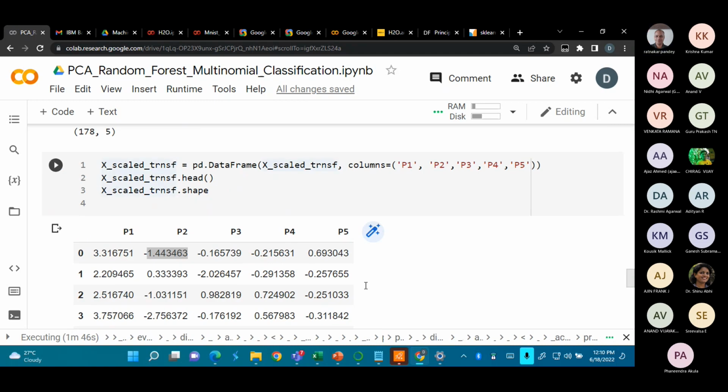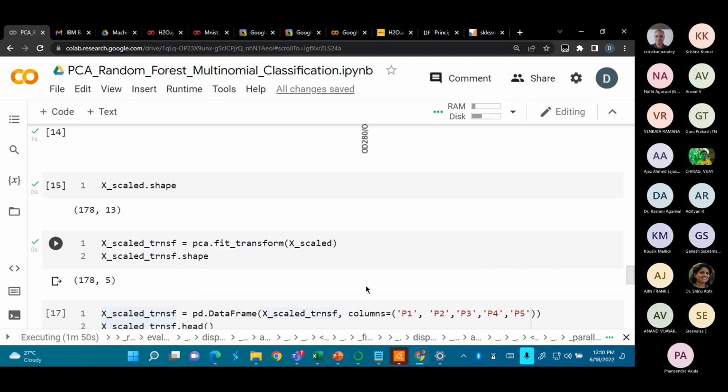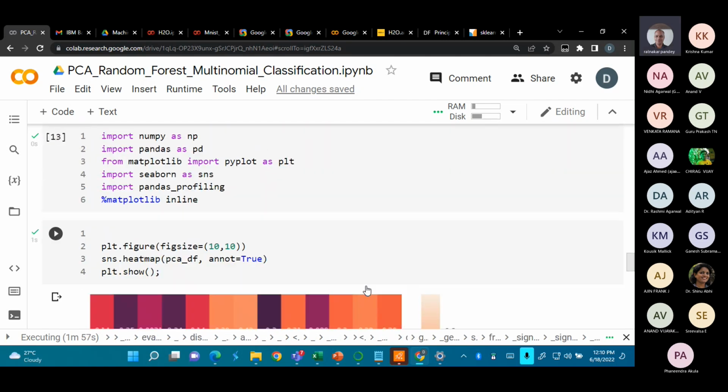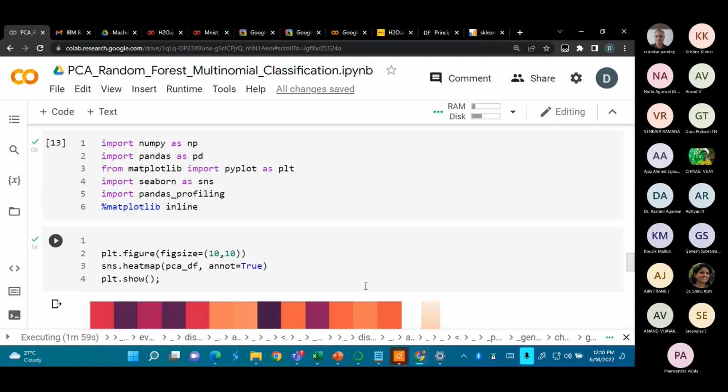So if you see the video afterwards, that'll be easy. You can easily reproduce.